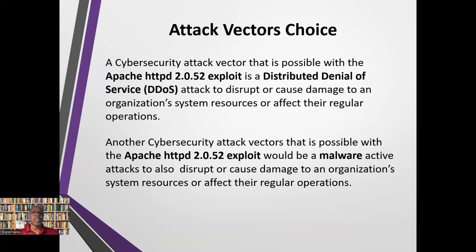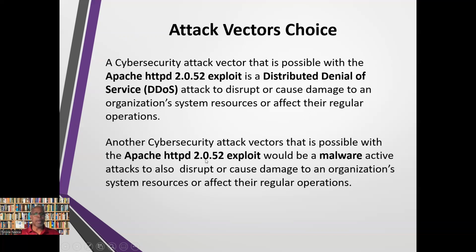So, as I mentioned from the summary in the previous slide, there are a couple of attack vectors. Because it has the potential to bypass firewalls, it creates an opportunity for a distributed denial of service attack. Once you can bypass the firewall, it gives you the ability to, at will, just hit against resources and essentially cause damage to the organization's resources and affect operations.